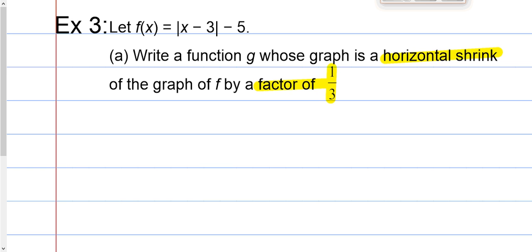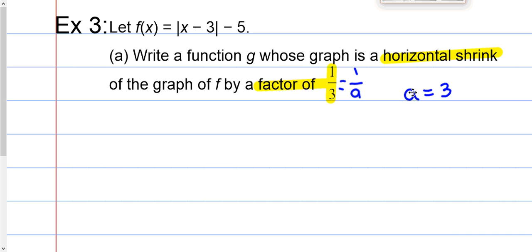Here's where this may get a little tricky, but you've really got to pay attention. Because remember with the horizontal shrink and stretch, they are opposite than what you think. So if it says a factor of 1/3, then that is my 1 over a. So if I have 1 over a is 1 over 3, I can make that equal. Then that tells me that my a is equal to 3.